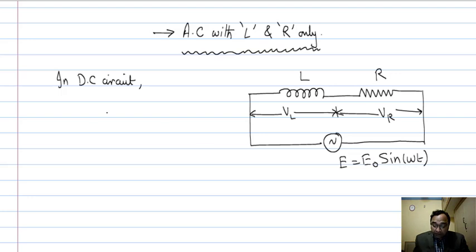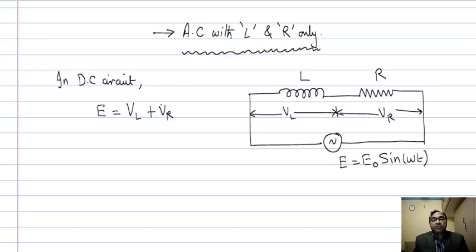In a DC circuit, the applied EMF E is equal to the sum of the potential drops across all the series components placed with the source. But in an AC circuit, this does not hold true.